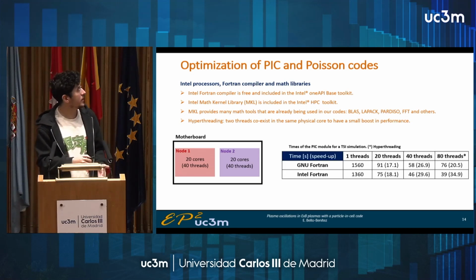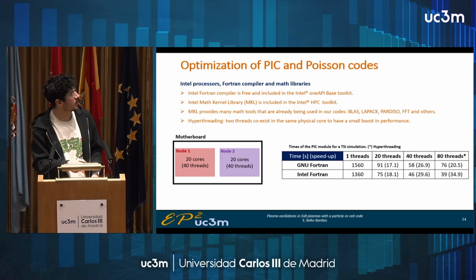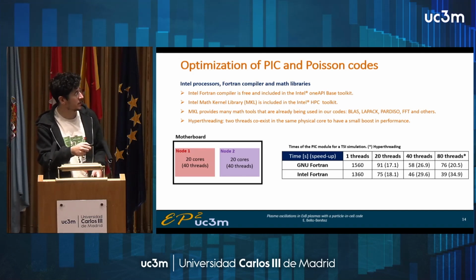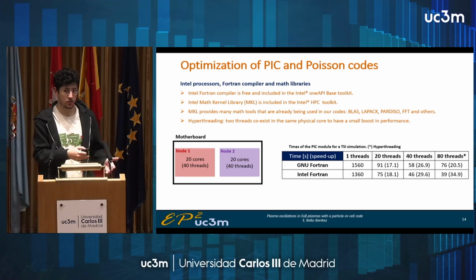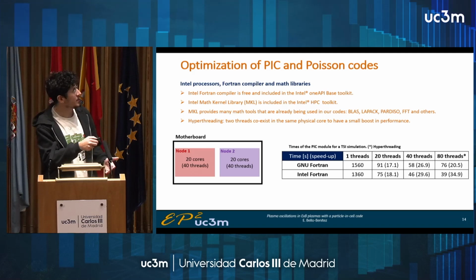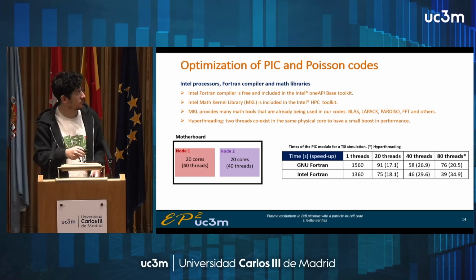Only by passing from GNU Fortran to Intel Fortran and the corresponding libraries, we observed also a significant boost in performance, okay? Not only that, but the scalability of the code with the number of threads is much better, and actually, since our workstations work with Intel processors, it makes sense that the Intel compiler works better, and actually we can take advantage of hyper-threading, okay?